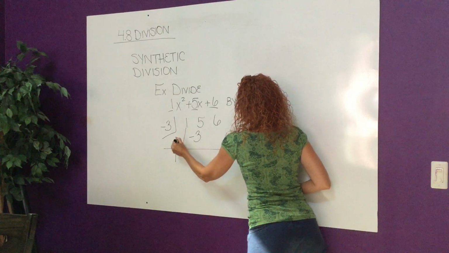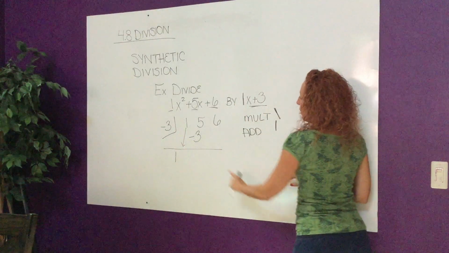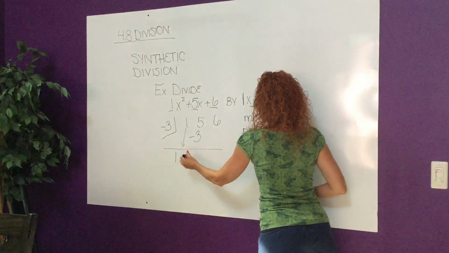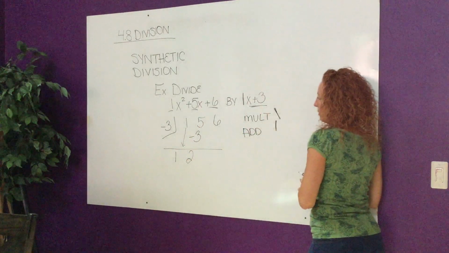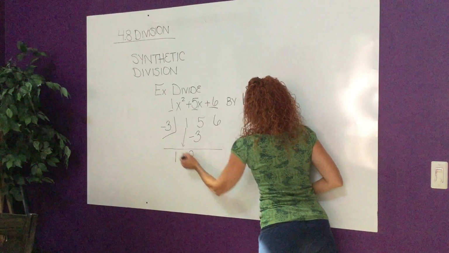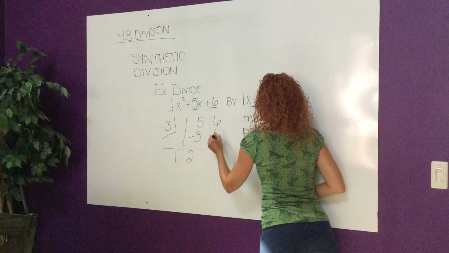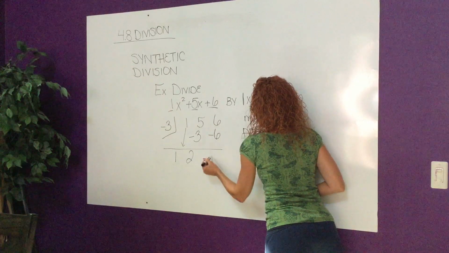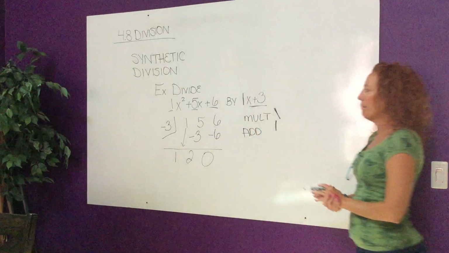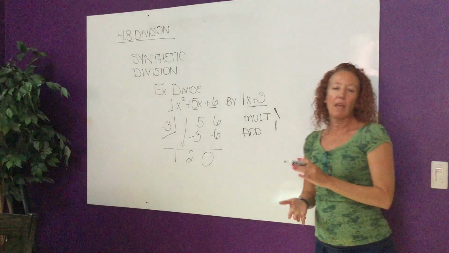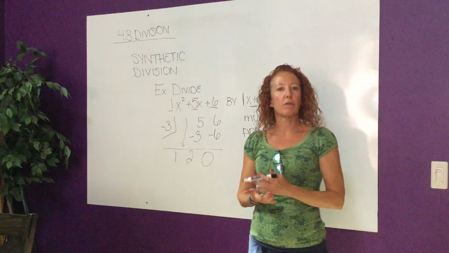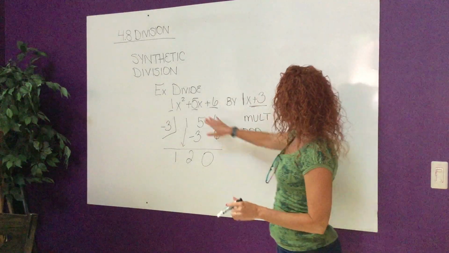We already brought the 1 straight down. 5 take away 3 is 2. We multiply diagonally: -3 times 2 is -6, but we add straight down and we come up with 0.